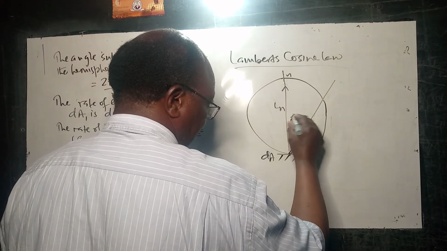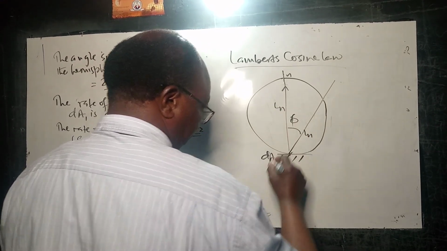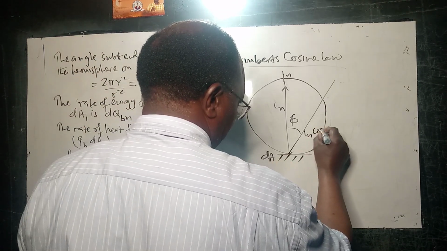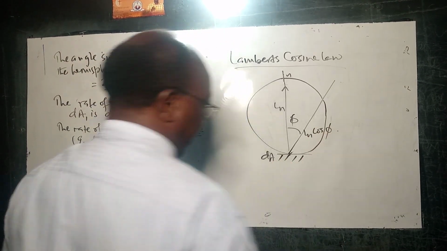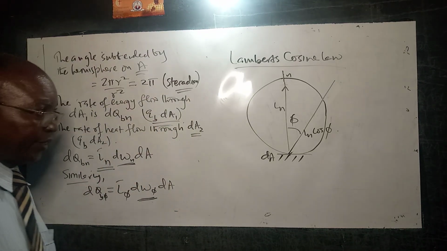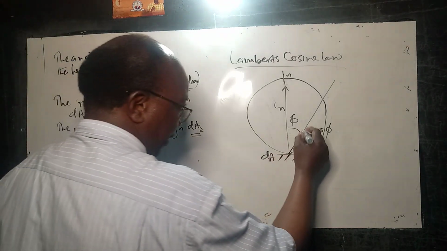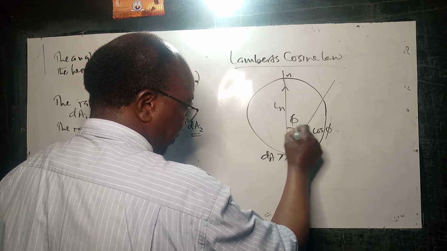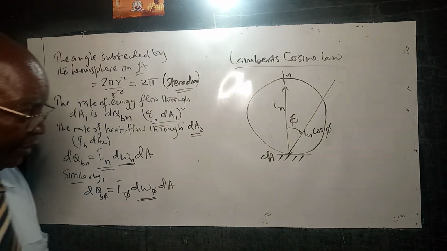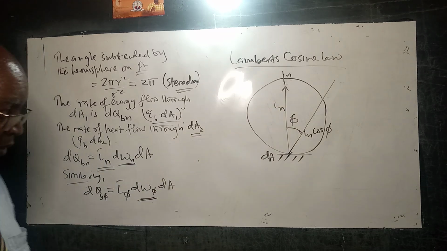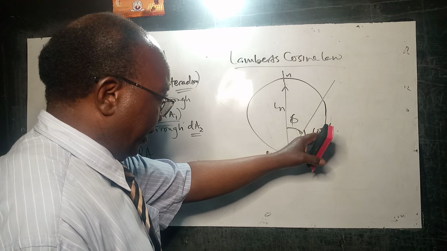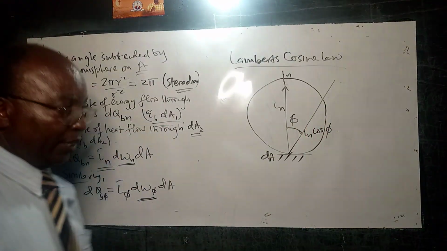The intensity along this line, which is displaced by angle phi, will be the intensity In times the cosine of that angle.